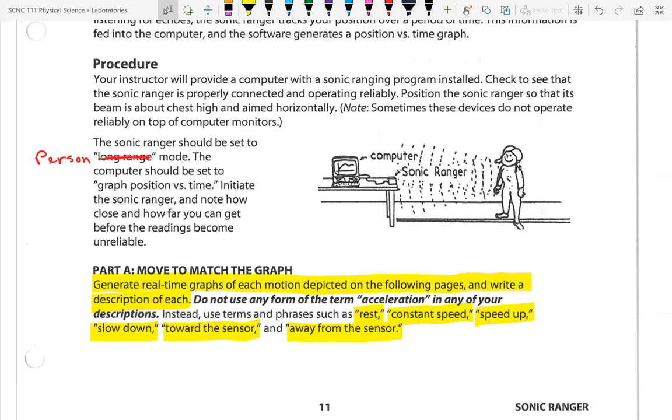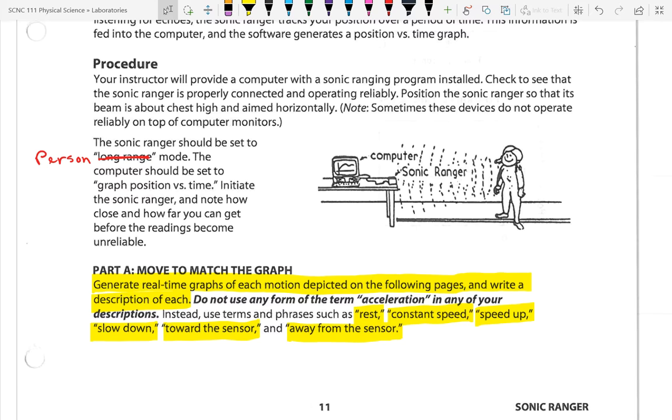Okay, so that's my Sonic Ranger as it calls it. The computer controls it. It's going to send out a little chirp, a sound that's inaudible to us. That sound wave is going to come out, hit you, and bounce back. It measures the time for the sound to travel out and back. The sound is traveling at a constant speed.